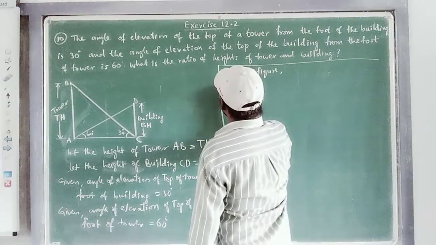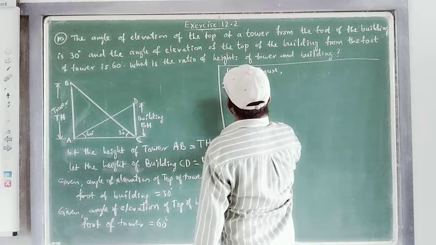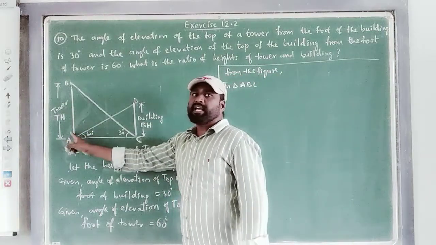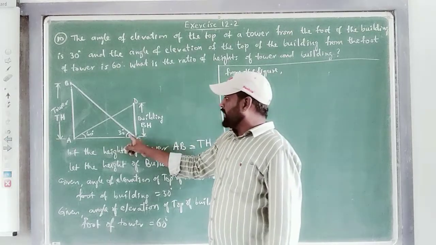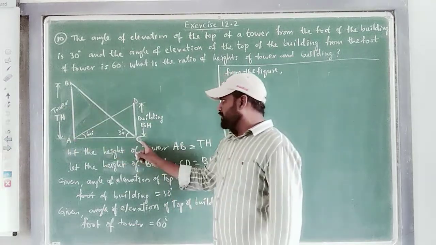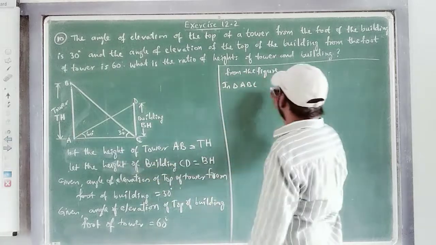In triangle ABC, the tower is involved. Which angle is involved here? 30 degrees. With respect to this 30 degrees, the tower height is the opposite side. The distance between the foot of the building and the foot of the tower is AC.